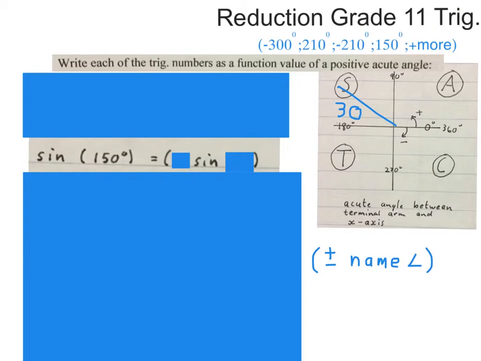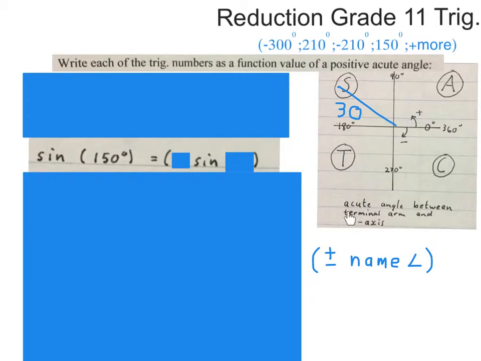The next one is going to be sine 150 degrees. I keep my name, I put my brackets out. I need a plus or a minus, and I need an acute angle over here. So I take my 150 degrees, I start at naught with my terminal arm, and I go past 90, positive direction, up to 150. It's before I get to 180. Then I draw my terminal arm.